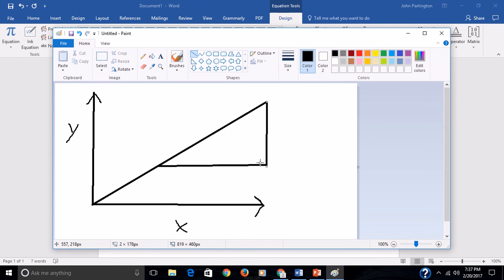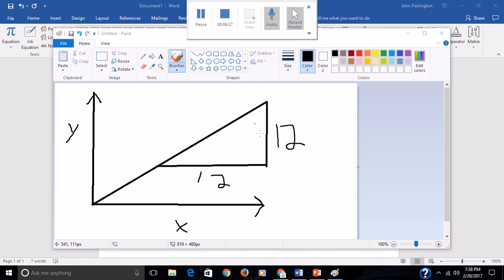Now we have this triangle. The base is going to be x2 minus x1, or 17 minus 5, which is 12. And the height is going to be the difference in the two values, which is, you guessed it, 12.